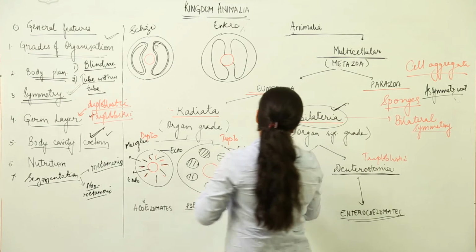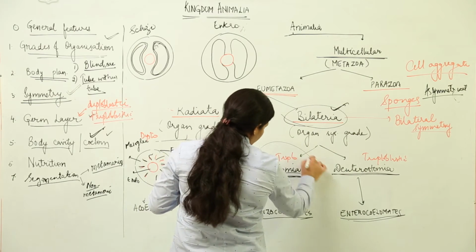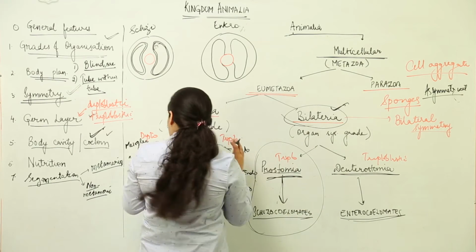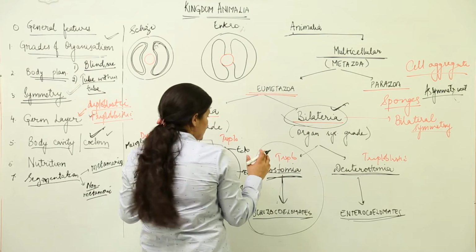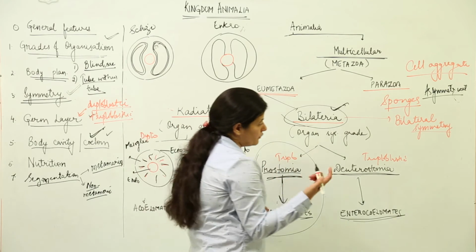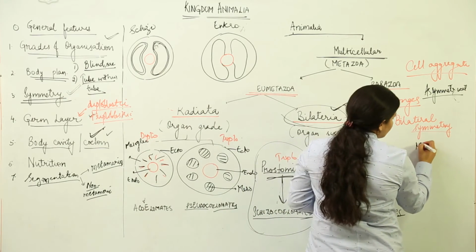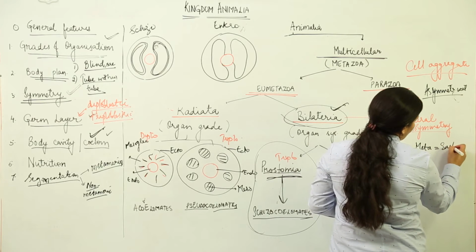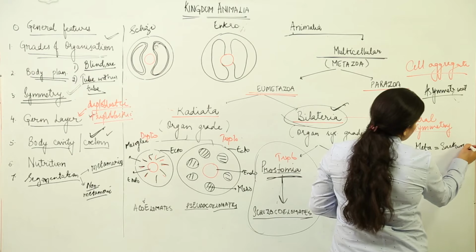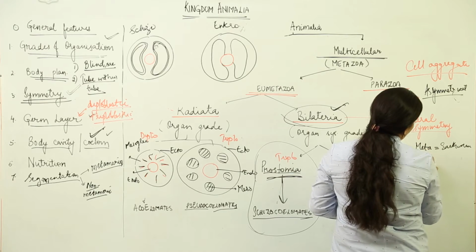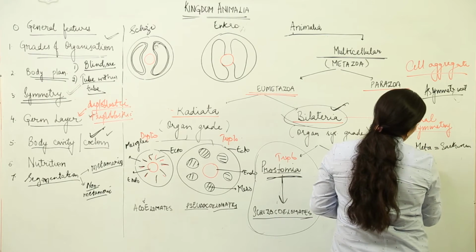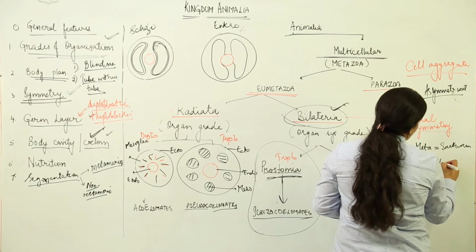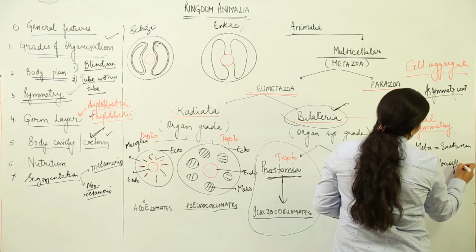Those which are in the protostomia, basically schizocoelomates, are metameric, while the rest are non-metameric. I would give you an example of each. When we say metameric segmentation, we take the example of earthworm, and when we say non-metameric segmentation, we take the example of any arthropod, say a housefly or a cockroach.